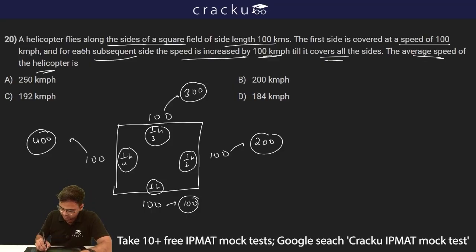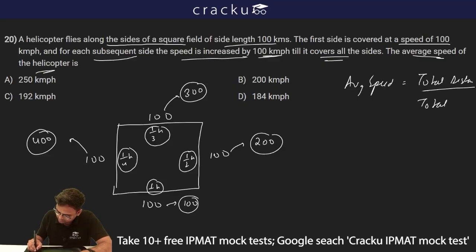So what is average speed? Average speed is total distance upon total time. So what is the distance total? Total distance is 100 plus 100 plus 100 plus 100 because it is moving on the sides of the square. The total distance is 400 kilometers. What is the total time?